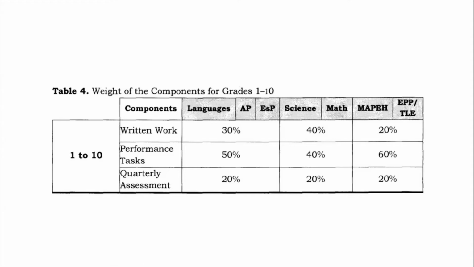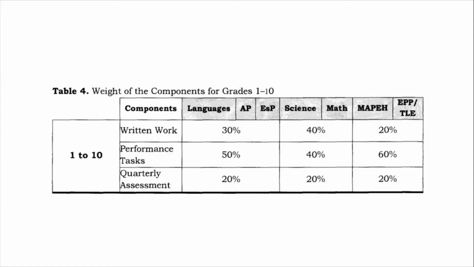You can see here that in all the subject areas from grade 1 to 10, the quarterly assessment is 20%, meaning the periodical exams are just 20% of the grade. For the performance task, the most weight is given to MAPEH and EPP and TLE, which we know are really more on performance tasks.